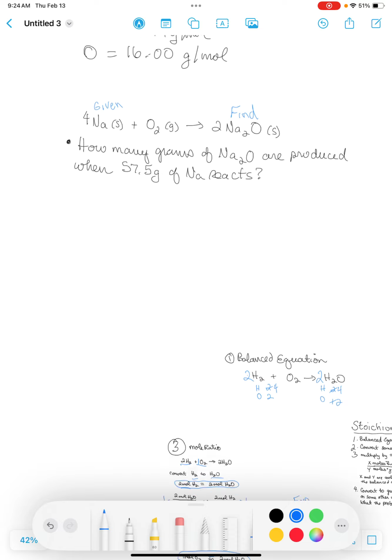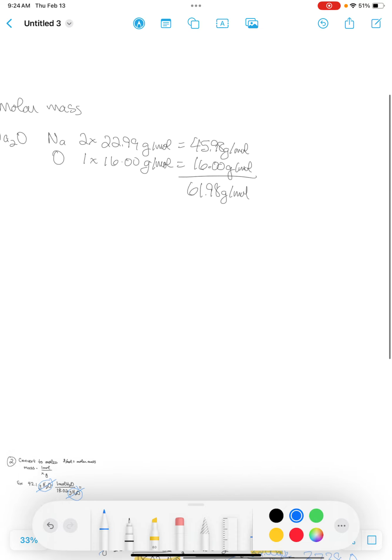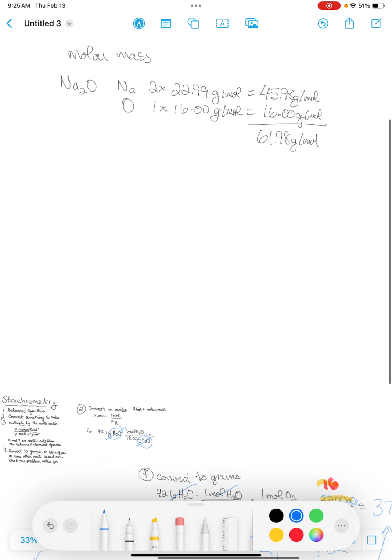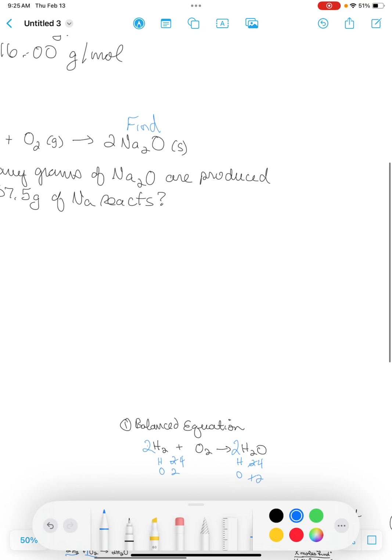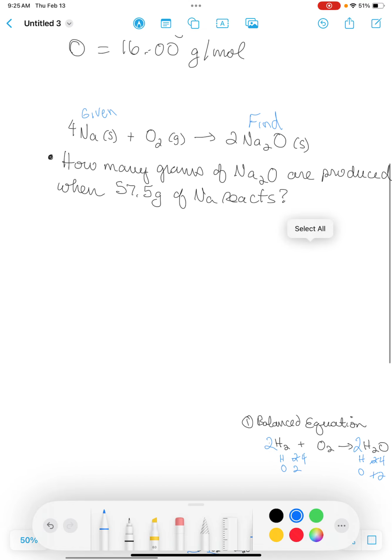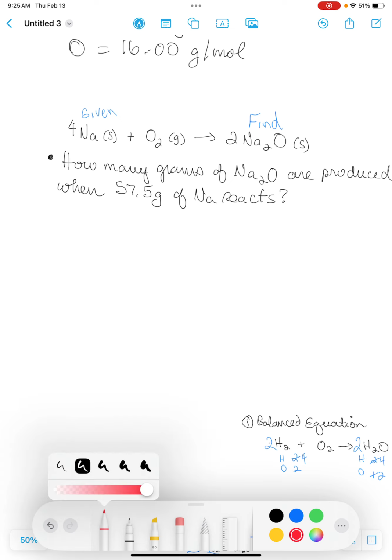Let me check if I've started this anywhere. I have not, so we'll start it right here. We'll start with 57.5 grams of Na.